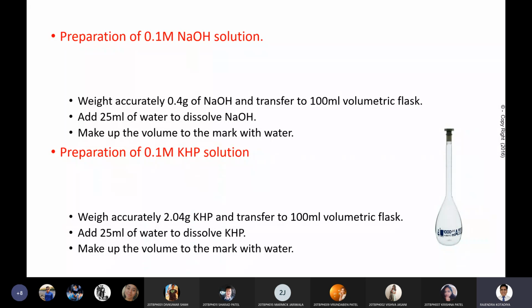Anyone, how would you prepare 0.1 molar, 100 ml solution? Let's specify a bit. Sir, can you repeat the question? How can we prepare 0.1 molar NaOH solution whose volume is 100 ml?